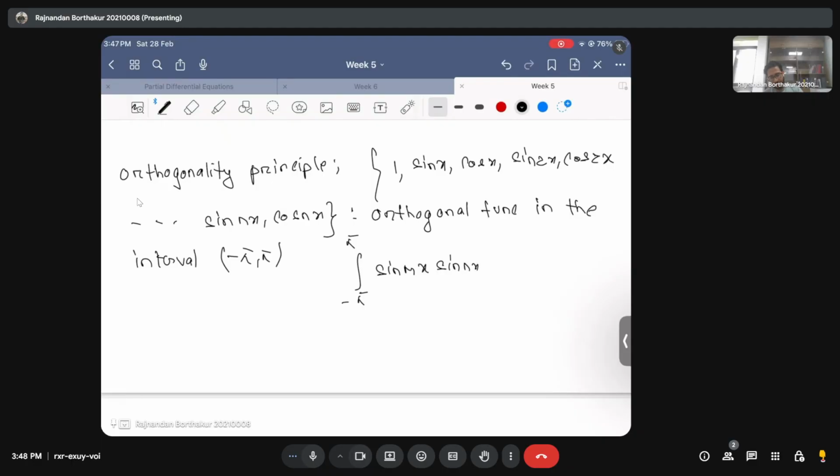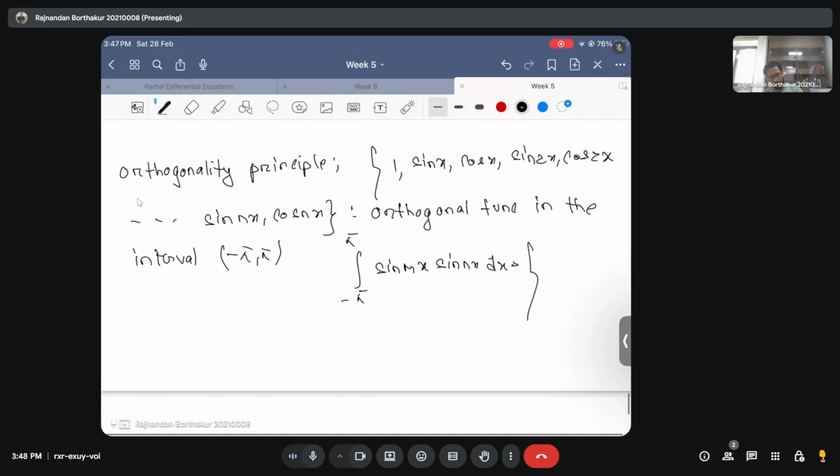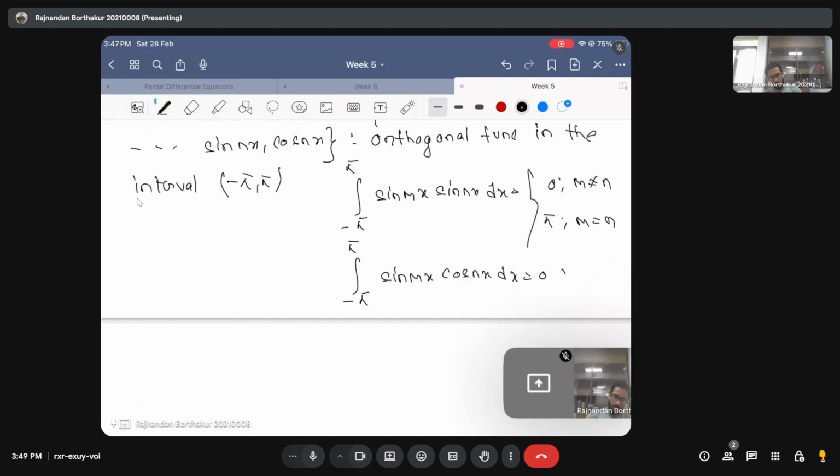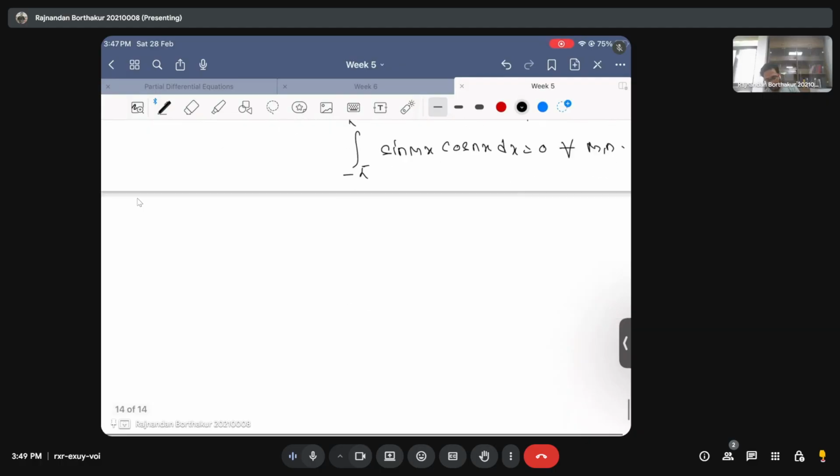This integral is going to give you 0 when m is not equal to n, and it is going to give you pi when m becomes equal to n. There is one more orthogonality, which is the integral from minus pi to pi of sine mx cos nx. This integral is always 0 for all values of m and n. And there is one more, I'll write it down.